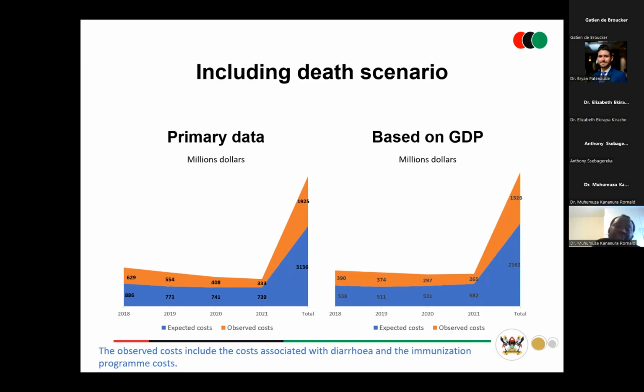In terms of net benefit, if we take expected minus observed, it gives us a positive value, which means there was actually a saving.